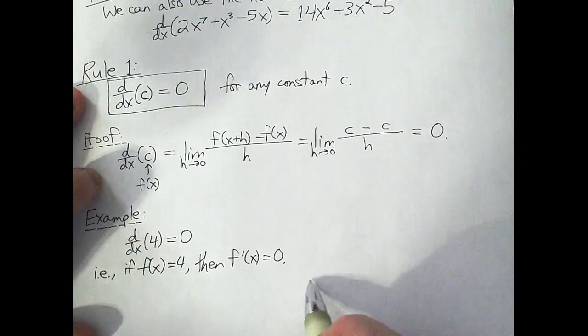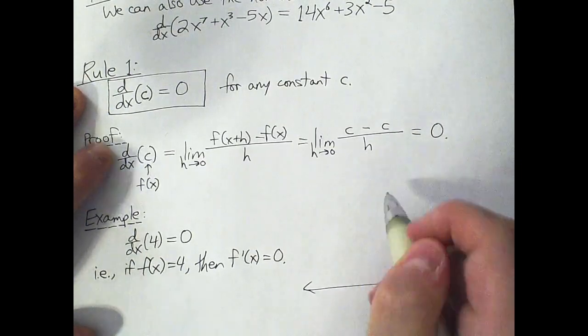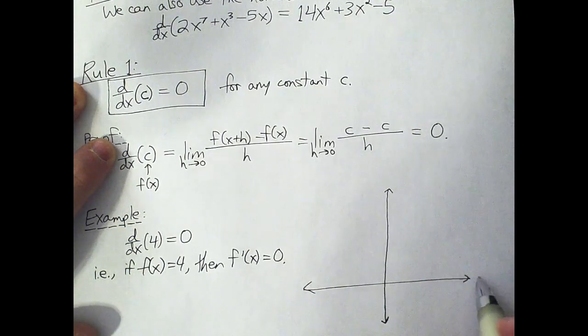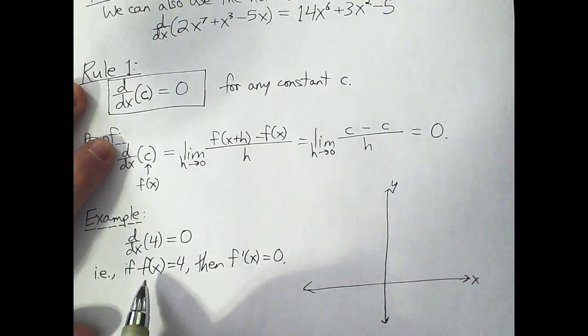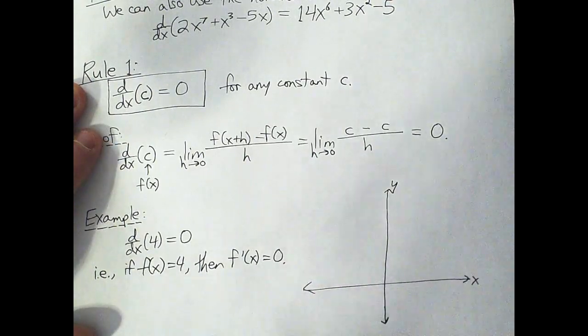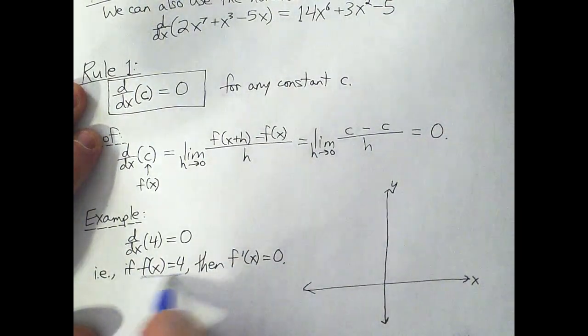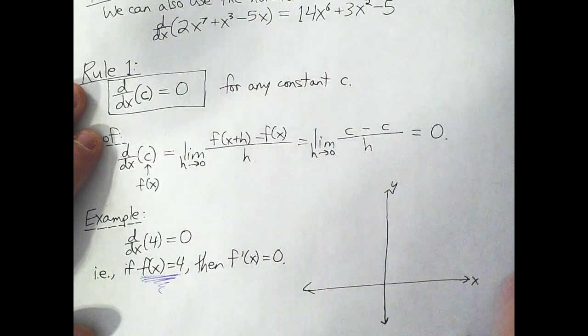I also want to show you this as a picture because I've been trying to convey to you that the derivative can be thought of as the slope of the tangent line, so it's also a very visual concept. What does the function f of x equals 4 look like if you were to graph it?